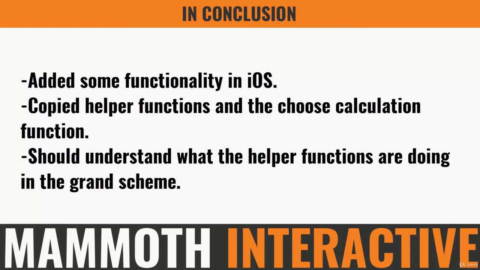So set placeholders literally just set the placeholder text and change the text to blank and returned a string. The print variables just kind of change the final label to contain our answer. And the pass variables just takes in the user input, converts them to doubles so that we can use them in calculations. And we also did the choose calculation function, which will help us to determine which calculation to use.